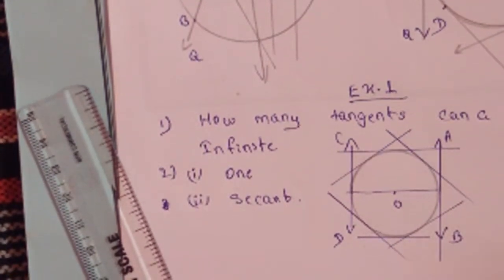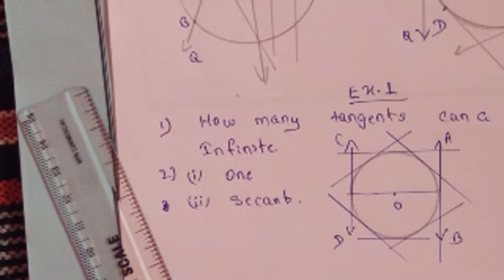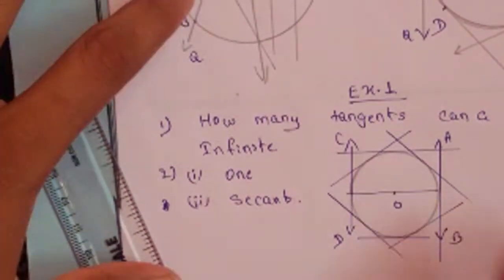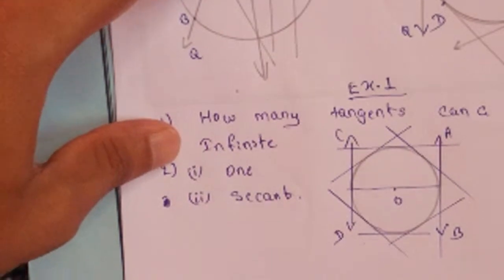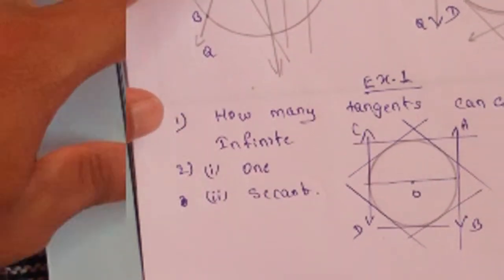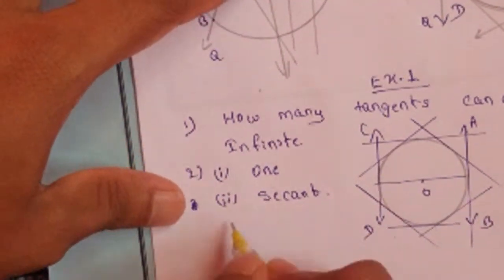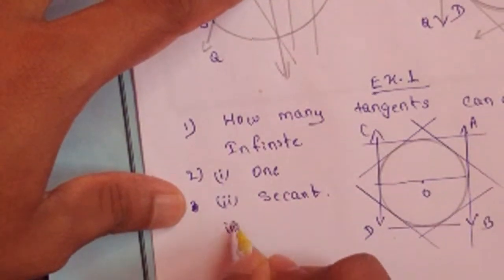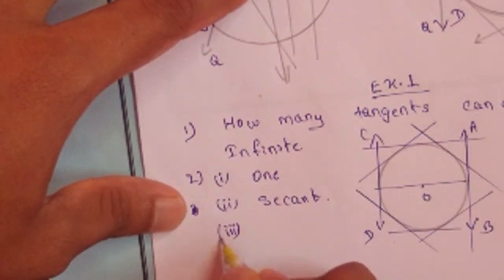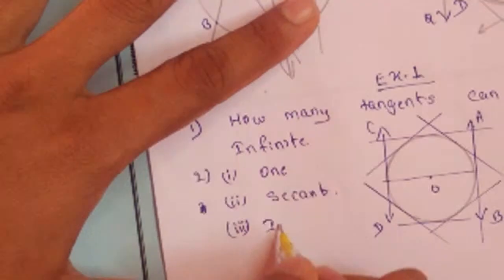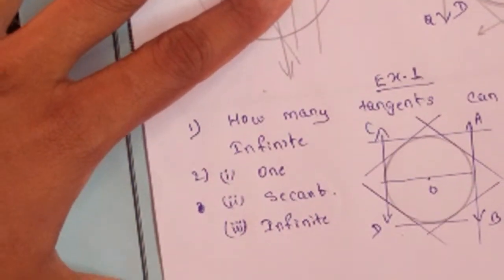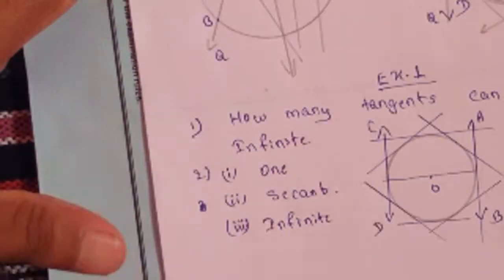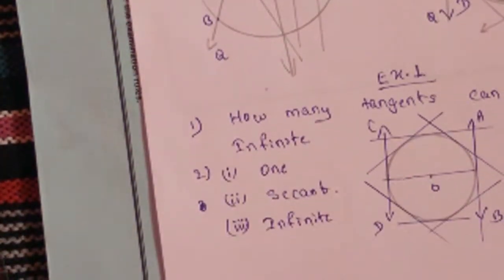So therefore we can consider plenty number of lines. Therefore minimum we can draw 2 parallel lines, otherwise we can draw infinite. Okay, minimum 2 or maximum infinite parallel tangent we can draw to a circle.